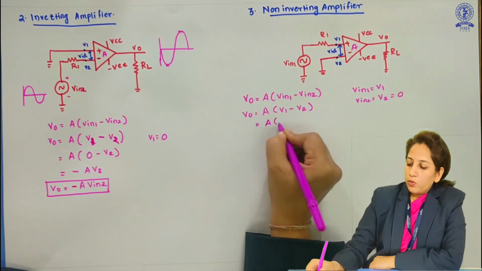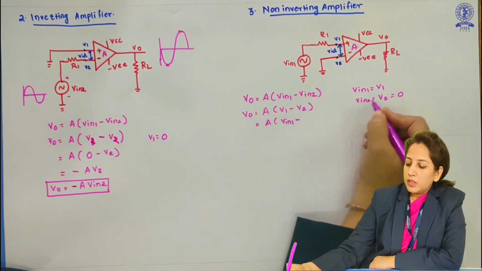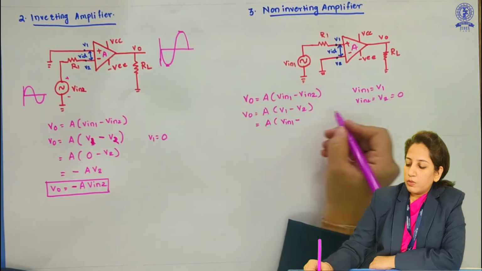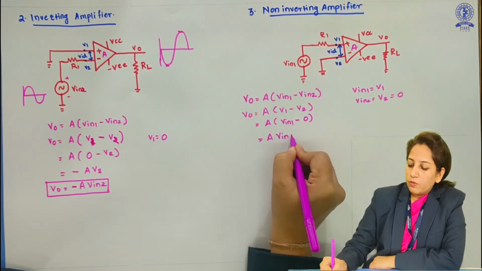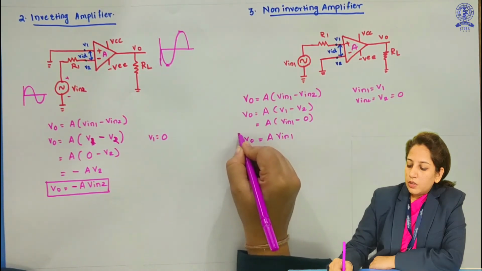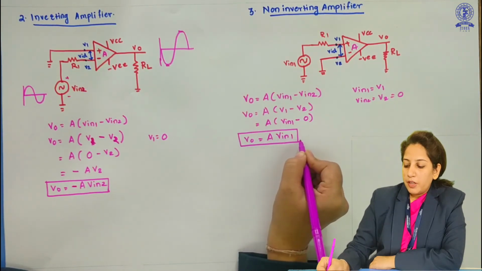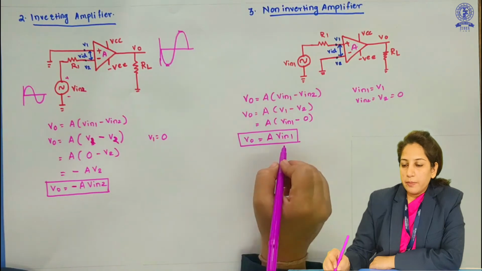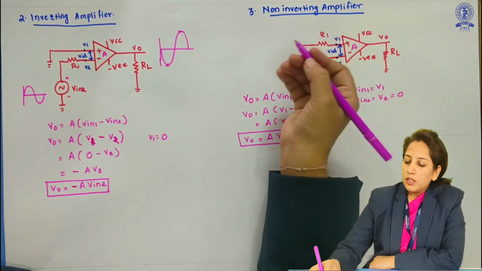So gain into V1, which is V in 1, minus V2, which is equal to 0. So my final answer will be A into V in 1. Output voltage is equal to gain multiplied by V in 1. Now see, here my output is positive, polarity is the same.